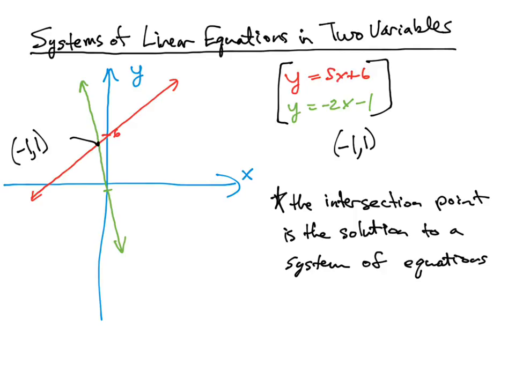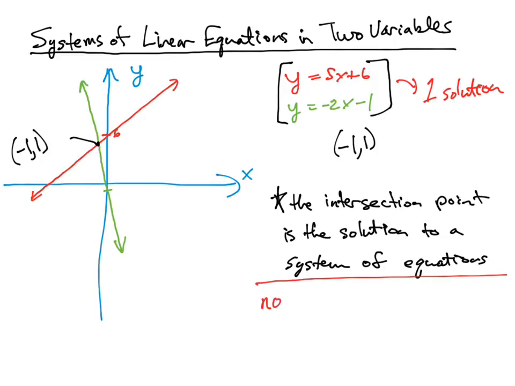So what we see here is that this particular system has a single solution. This system has one solution because there is a single intersecting point. If lines are parallel, we would have no solution.